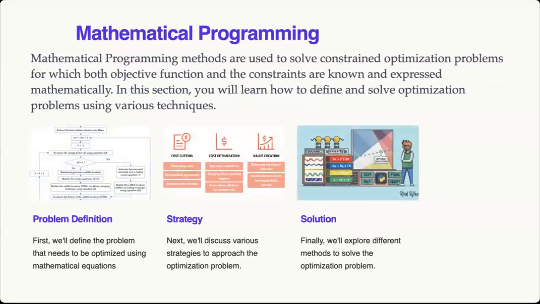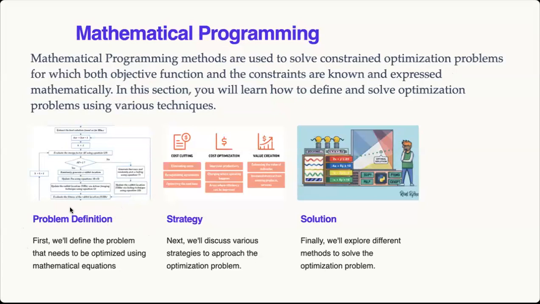And the next topic is mathematical programming. Mathematical programming methods are used to solve constrained optimization problems, where both the objective function and constraints are known and expressed mathematically. We start from the problem definition first.